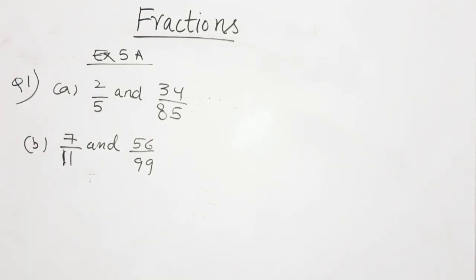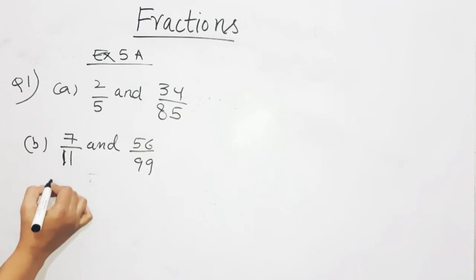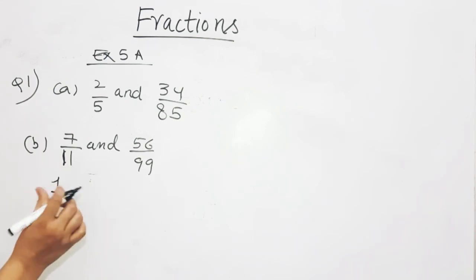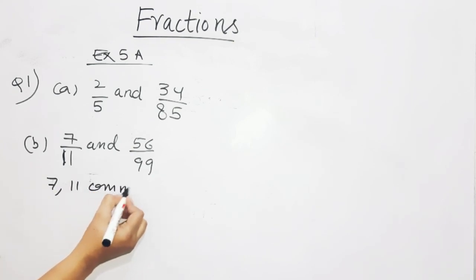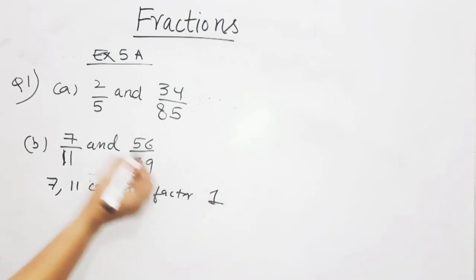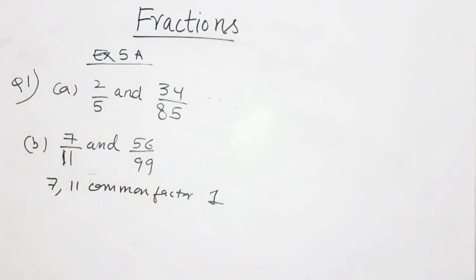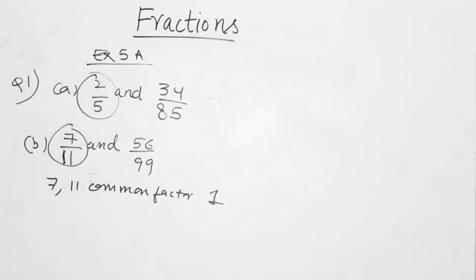If the numerator and denominator do not have any number apart from 1 as their common factor, that is, if we talk about the common factors of 7 and 11, it is only 1. If I talk about the common factors of 2 and 5, it is only 1. That means this fraction and this fraction are already in their simplest form. So these cannot be reduced further.